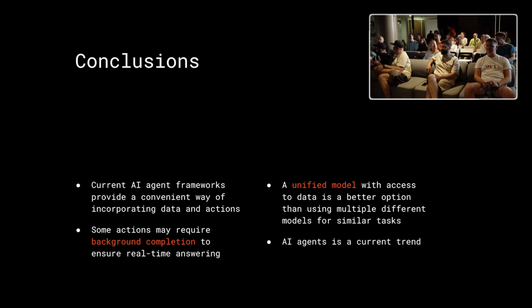And a unified model is apparently way better than several services, because you don't need to implement multiple data connectors. You have only one point where you need data and where you need to analyze it.